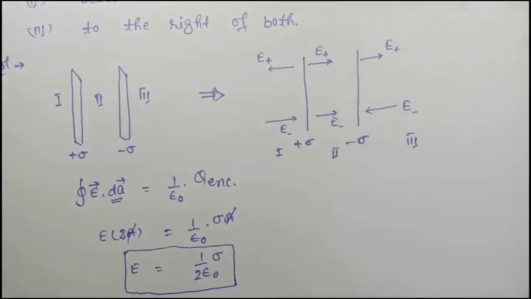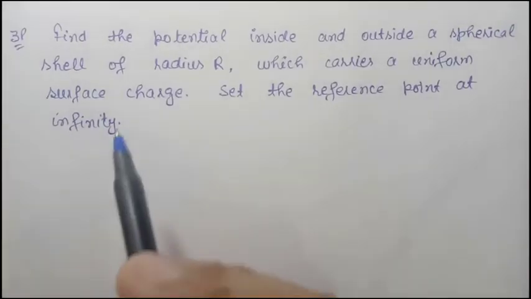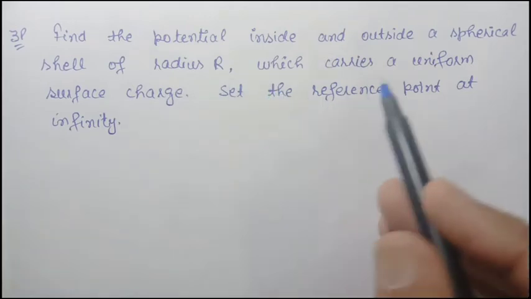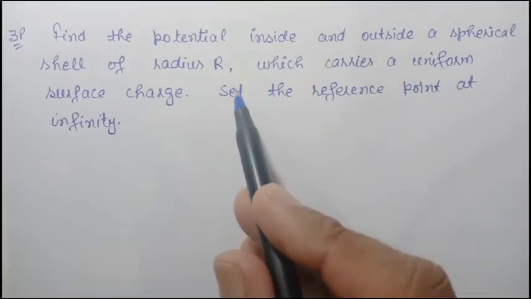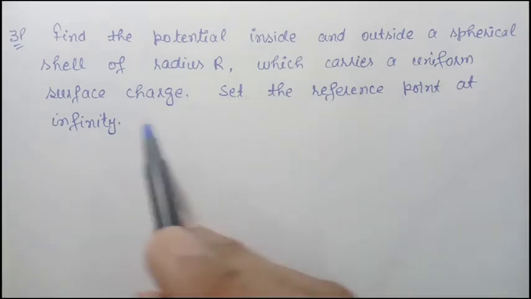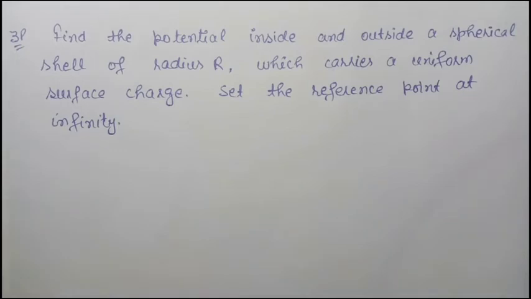Then we have a third problem. In this problem, we are interested in finding the potential inside and outside a spherical shell of radius capital R, which carries a uniform surface charge. Set the reference point at infinity.